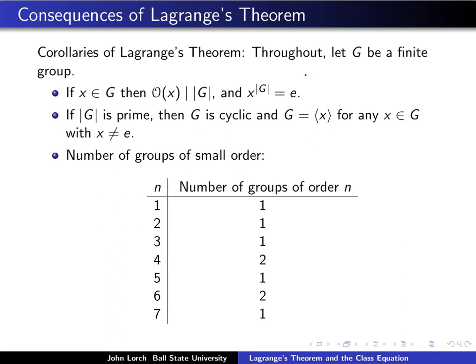Remember that the order of x is exactly equal to the size of the cyclic group generated by x. But Lagrange's theorem tells us that cyclic subgroup's size must divide the order of the group itself.